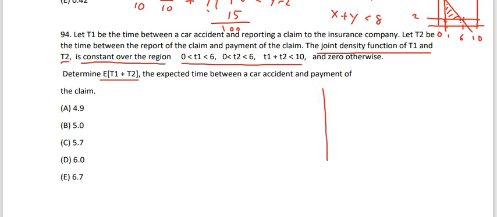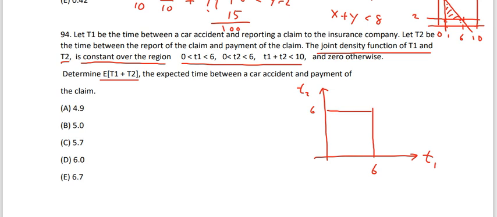Here's T1 and here's T2. T1 is between 0 and 6, and T2 is between 0 and 6, so suppose we have this square, with 6 here.